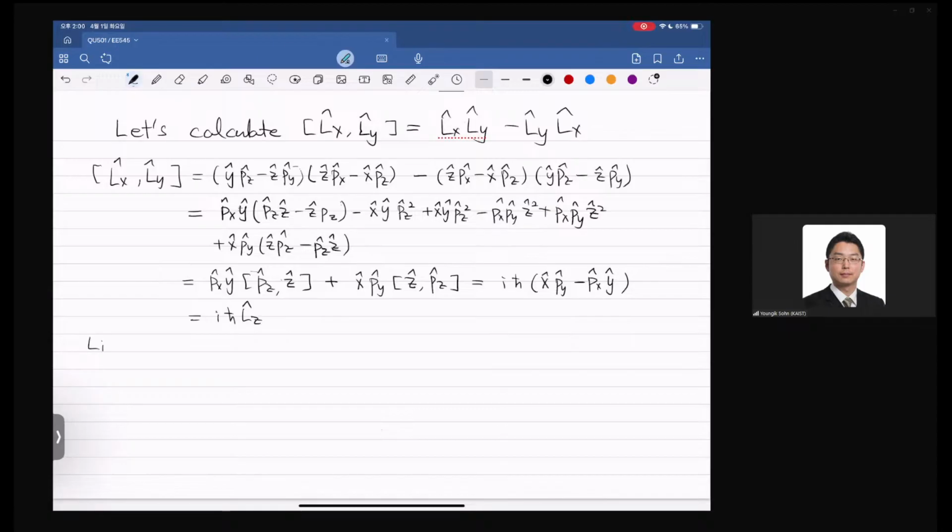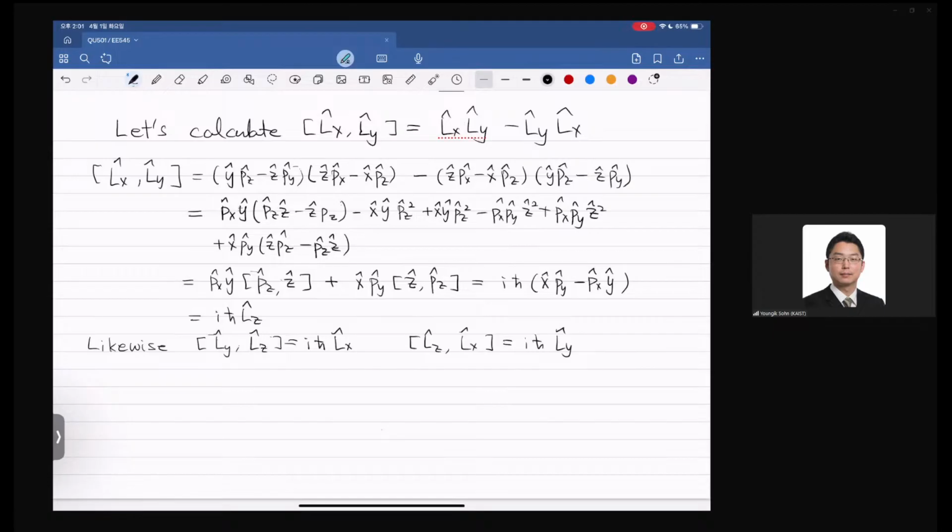And then you can do this for other pairs, because there are 3, LX, LY, LZ, so there will be 3 types of pairs. You have Ly, Lz, they're going to be iħ Lx, Lz and Lx. You can do the same calculation and you get this equation.